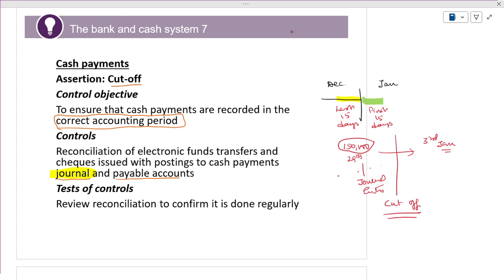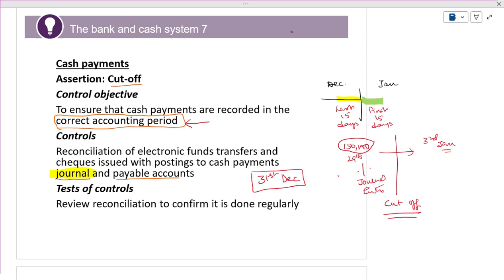The rule says that you have to show it in the correct accounting period. Reconciliation of fund transfer, checks issued to cash payments. That is the reason most of the time they will hold the transactions in the bank on 31st December.